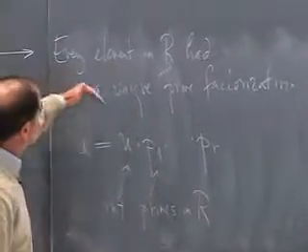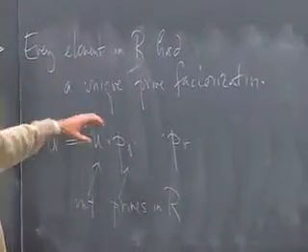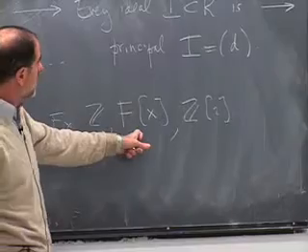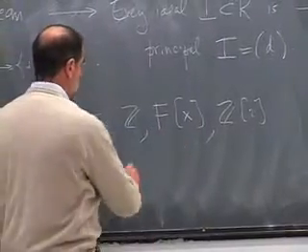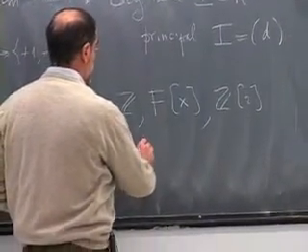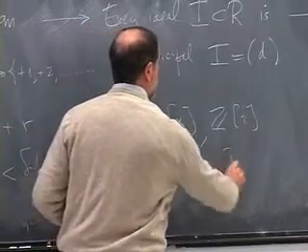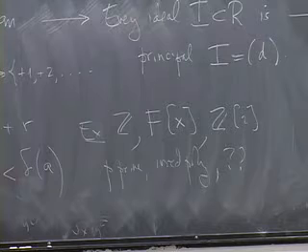When you have this theorem, it's only valuable if you really know what the primes look like. So in the integers, they're the usual prime numbers. In polynomial rings, they're what we call irreducible polynomials. And next time, we're going to find out what the primes look like in the Gaussian integers.